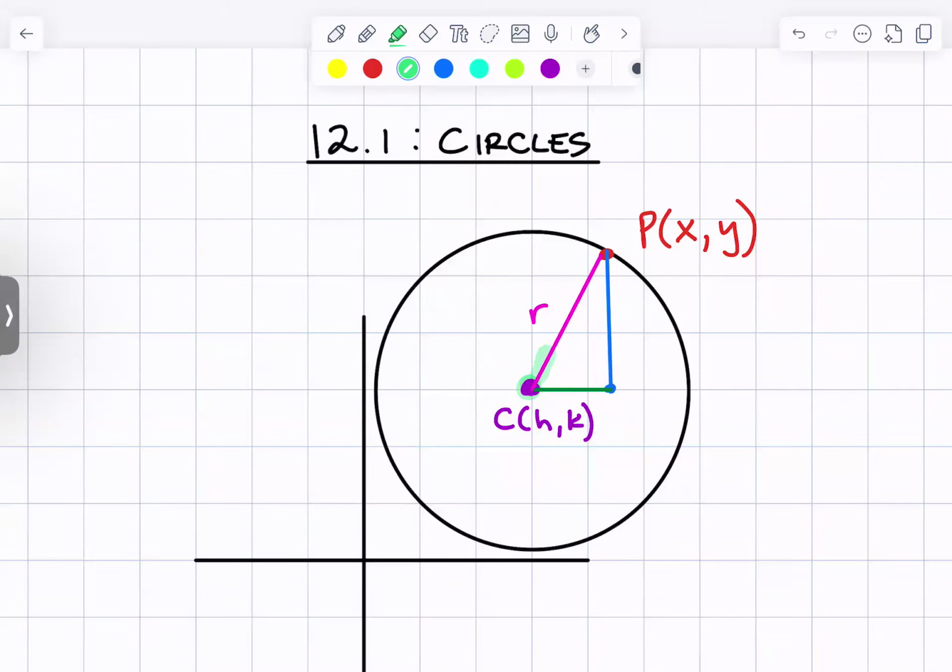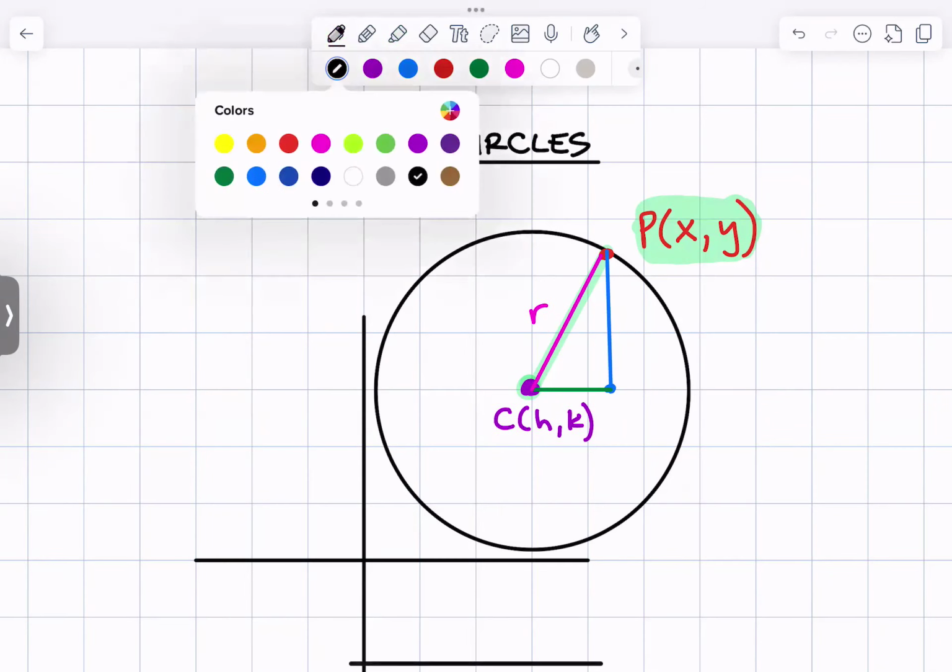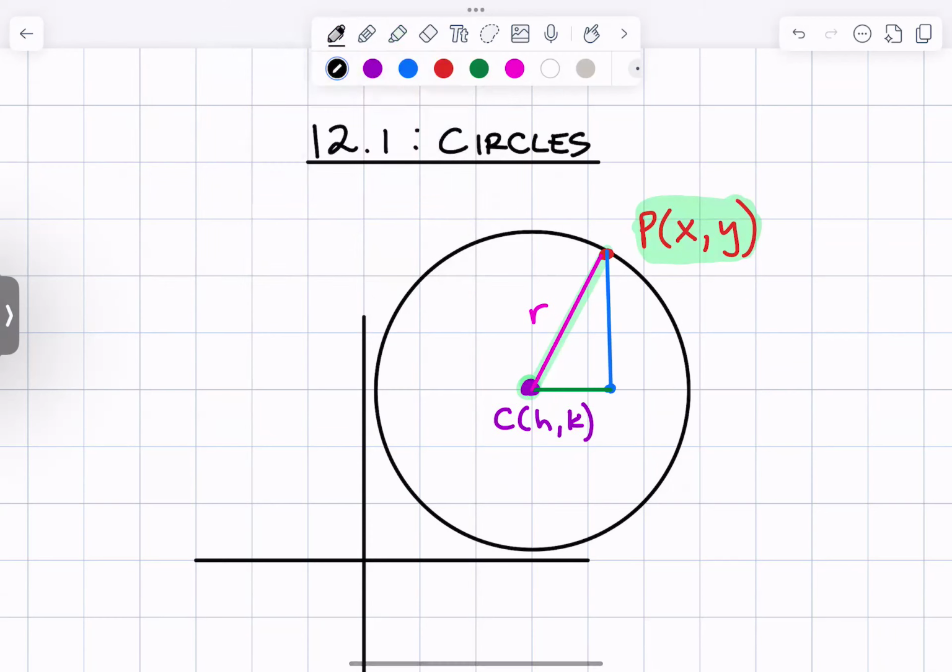And then here is my radius, right? The radius of the circle is from the center point to any point along the circle. And this particular radius went to point P, X comma Y. Okay. So if we get the equation of the radius of the circle, that's like the equation of the circle itself.